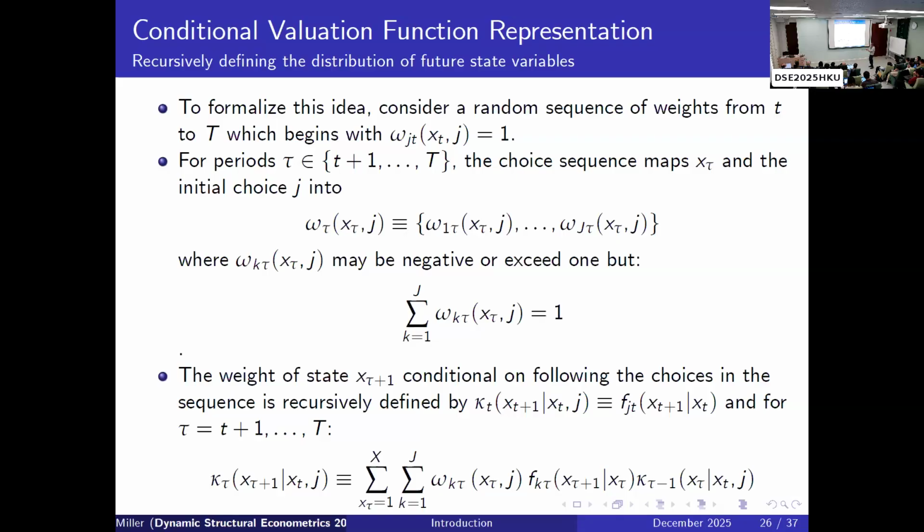So let's have some weights here. These weights all sum to 1, but they could be negative. And those weights are going to induce different paths. I am not suggesting that putting these weights on is in any sense related to the optimization problem that the person solves in the first place.